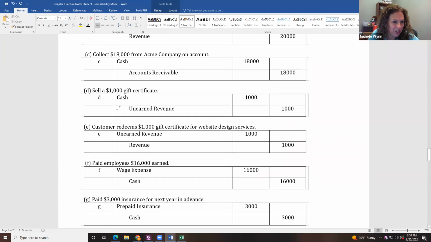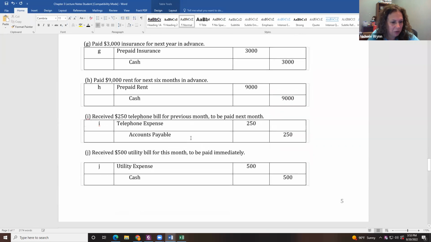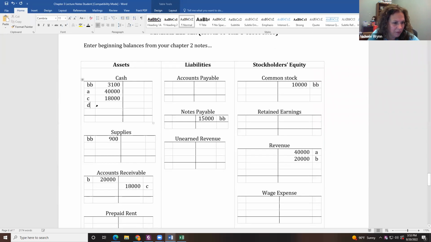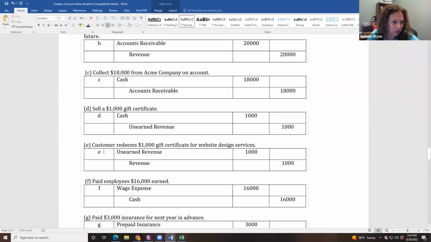Letter D, debit cash, credit unearned revenue. Letter E was debit unearned revenue, credit revenue. So I am just doing exactly whatever the journal entry says.